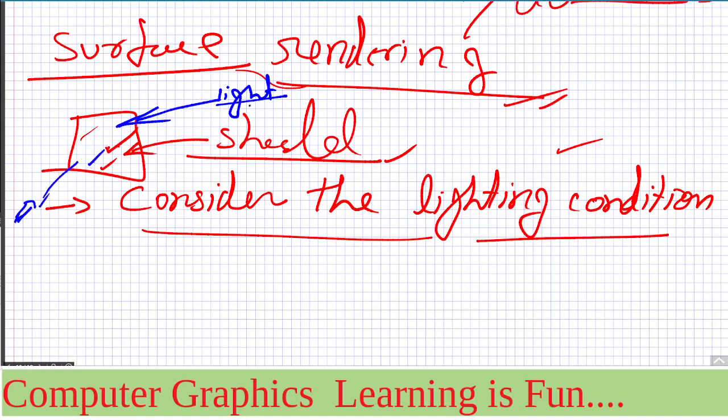Having known that the light source is here, this light will fall on this particular surface, and accordingly whatever color it was, it will look something from here which will really be different if the camera is here. So while giving it a particular color, you also understand the lighting condition, as well as the surface characteristic.